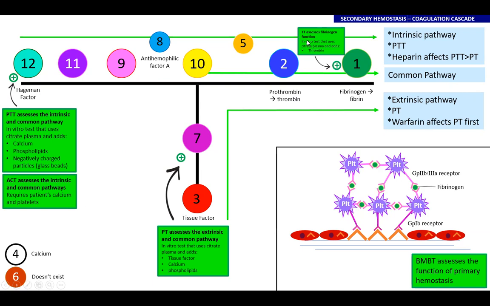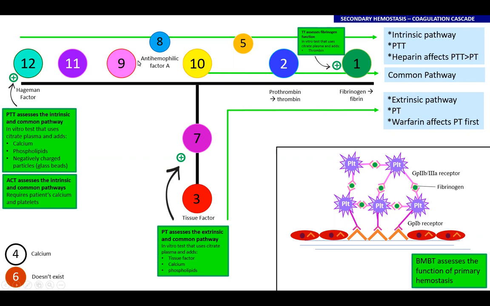So, let's say you have hemophilia A, you have a factor 8 deficiency. At this point, you have stopped coagulation in your tube, in your citrate, and then you're adding thrombin.